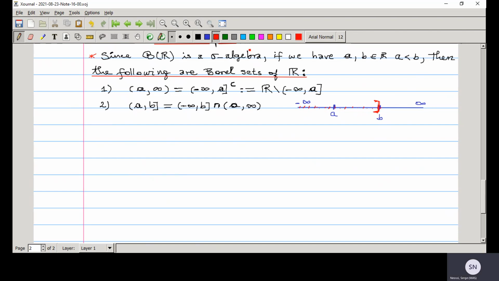So that's the first. Now the second one, I take the green color for the second one, from A, open at A, to infinity. So here at A, I open at A to infinity.